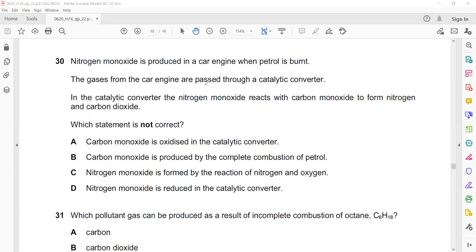The gases from a car engine are passed through a catalytic converter. In a catalytic converter, nitrogen monoxide reacts with carbon monoxide to form nitrogen and carbon dioxide. Which statement is not correct? Carbon monoxide is oxidized. That's true, because oxides of nitrogen react with carbon monoxide. This results in the formation of nitrogen gas and carbon dioxide.